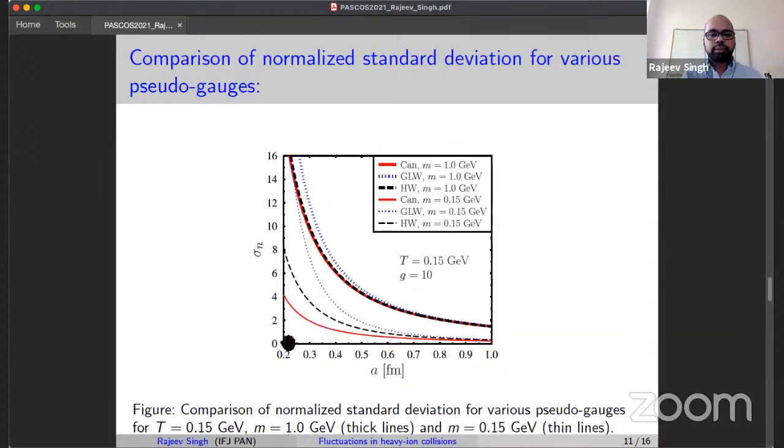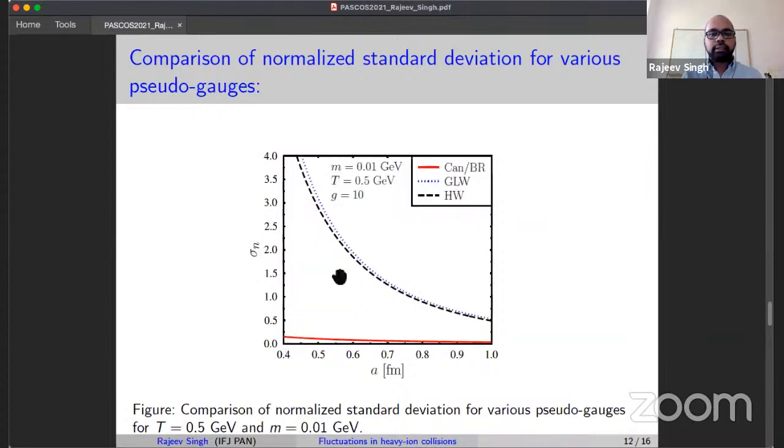One more point here is that the mass over temperature ratio is quite small, much smaller, and this greatly affects this part of the energy momentum tensor, which is the T mu canonical.